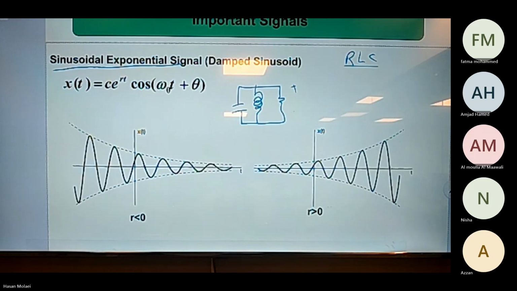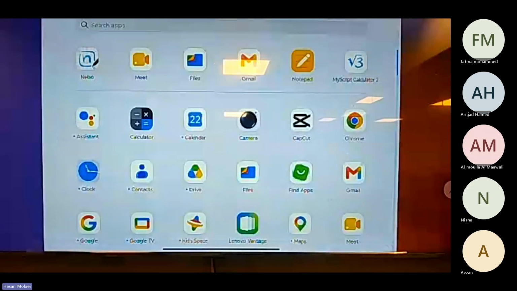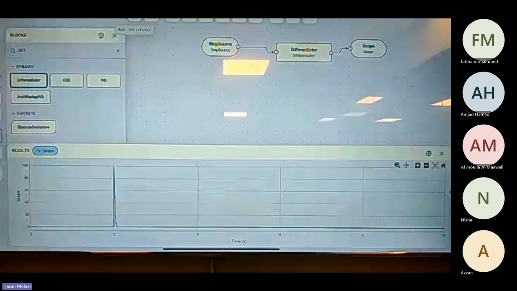When it was underdamped, we had something there. Let's see how we can generate the signal with PathView. It's maybe tricky, so I'm going to help you.